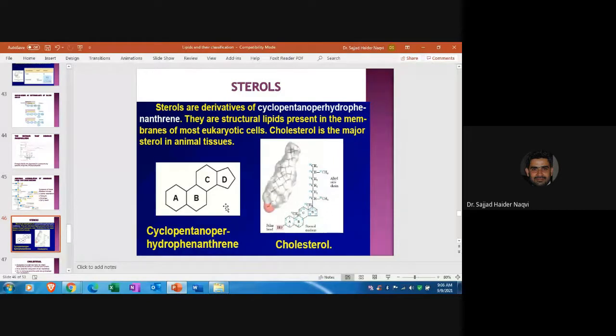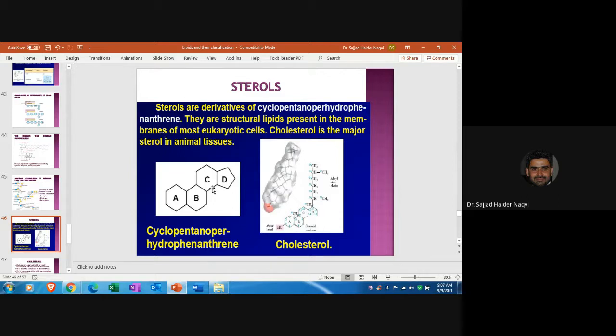We have three six-membered hexagonal rings, and one five-membered, pentagonal ring. All of these four are fused together, connected together, and this collective molecule is referred to as the nucleus of all sterol molecules.